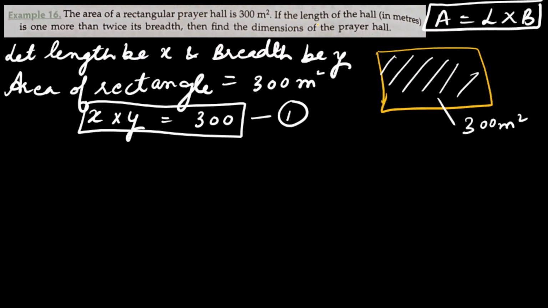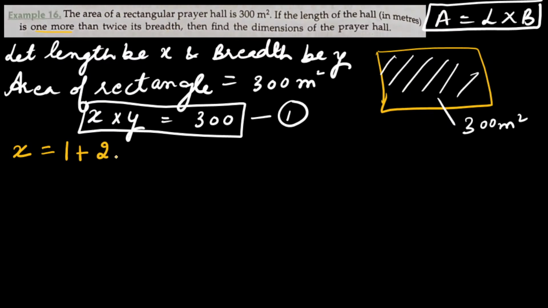If the length of the hall is 1... So the length of the hall I have assumed as x, so in place of length I am writing x. Is means equals to. As we read, we have to write the symbols. Is 1 more; 1 more means 1 plus. More in maths we write as plus. 1 more than what? Twice its breadth.